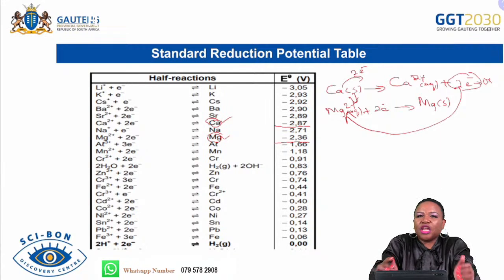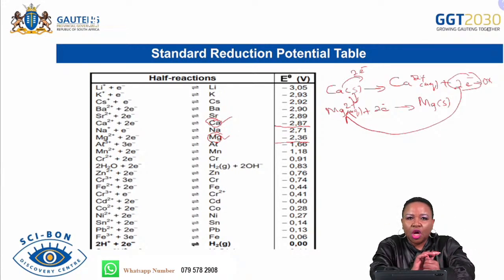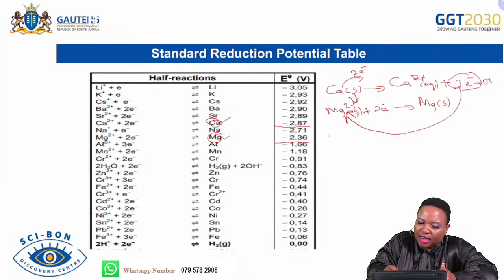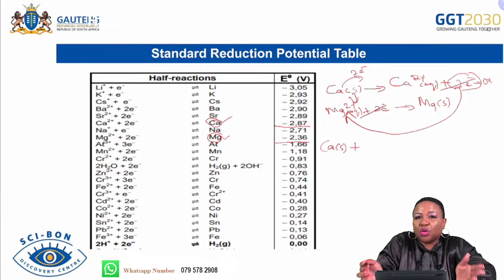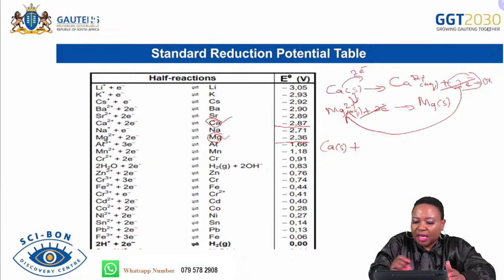Therefore, if we want to write an overall reaction, we combine the two. Remember, we said there are half reactions, so half plus half make 1. For us to write an overall reaction, we're going to add the two reactions. Calcium as a solid will lose electrons and give to who? Because we are adding now, the electrons will cancel out.